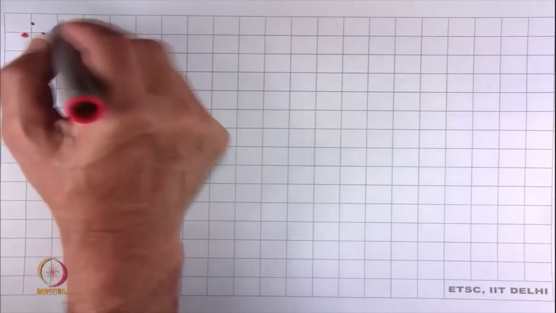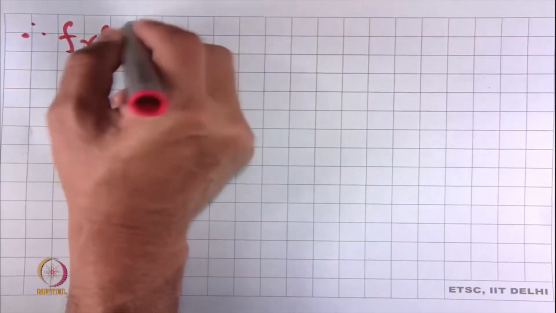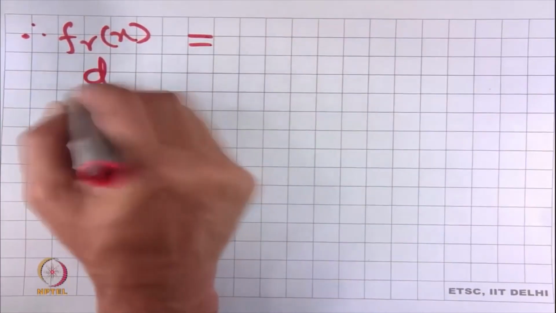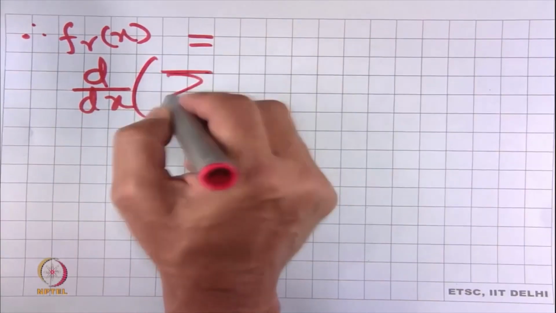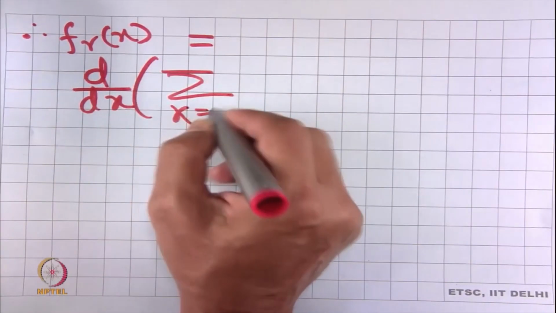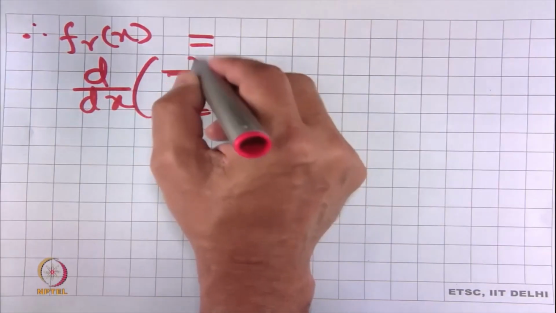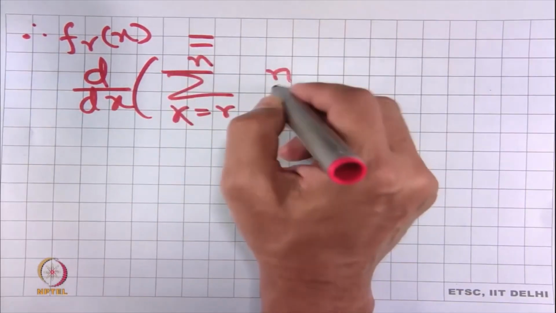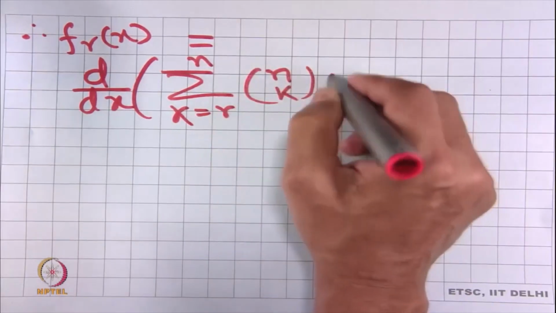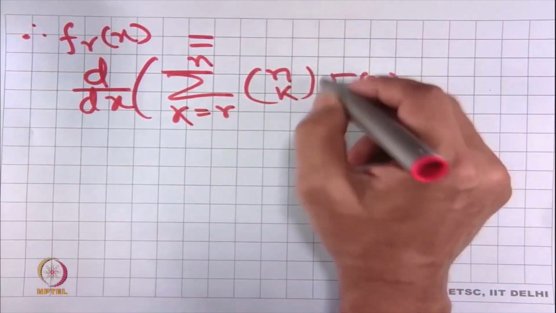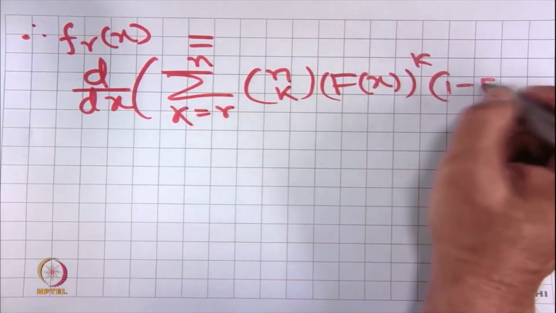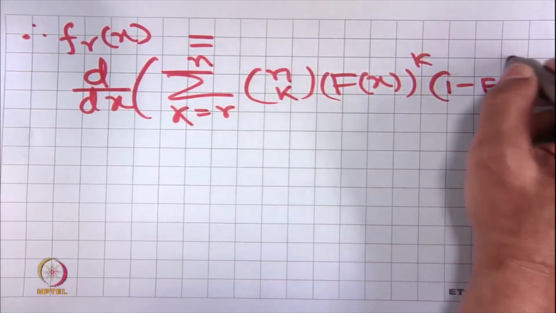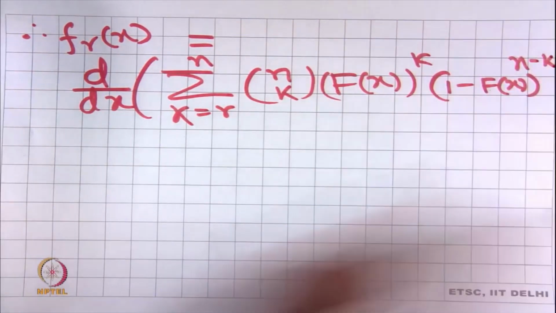Therefore, fr(x) is equal to d/dx of the sum from k equal to r to n of nCk F(x) to the power k (1 minus F(x)) whole to the power n minus k.